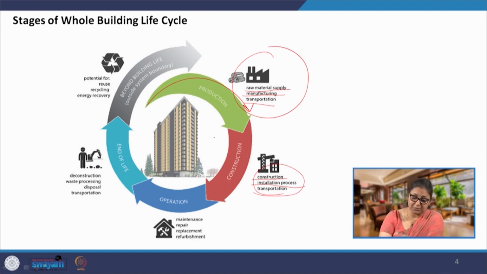For example, between production and construction, almost simultaneous to that is the process of design, the research and design. So, different stakeholders, architects, engineers, they are coming on board to design the building, what the building is going to be. So, from production to construction, while we are transitioning, we already have design.